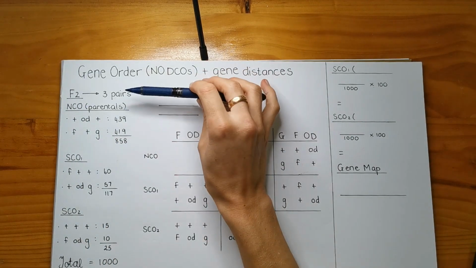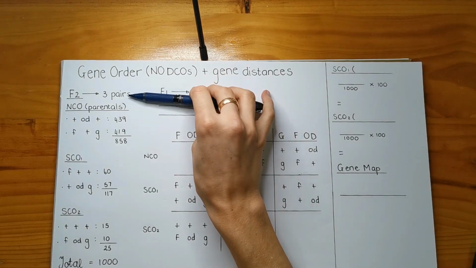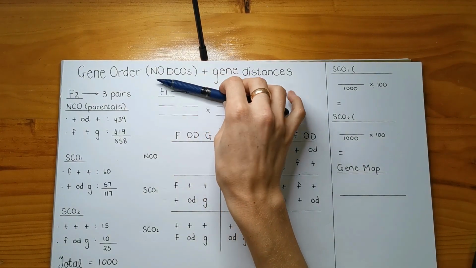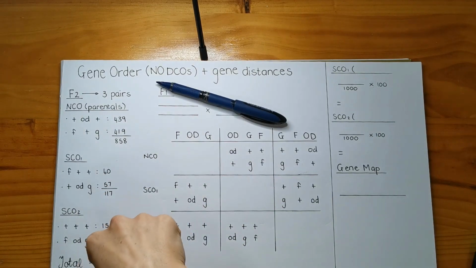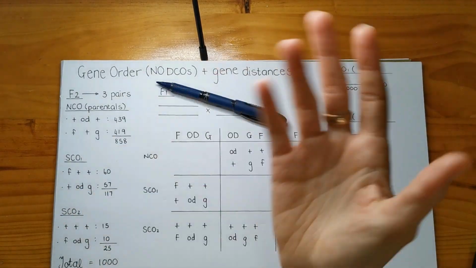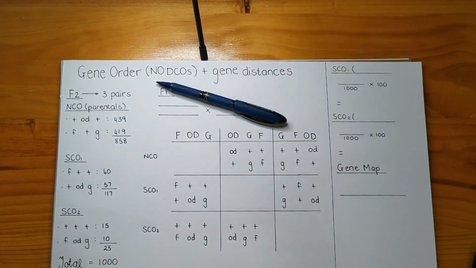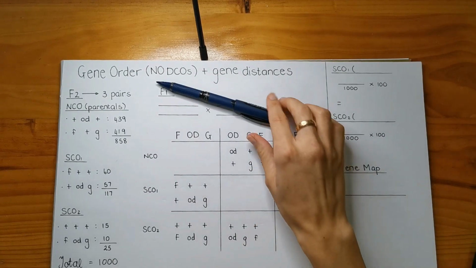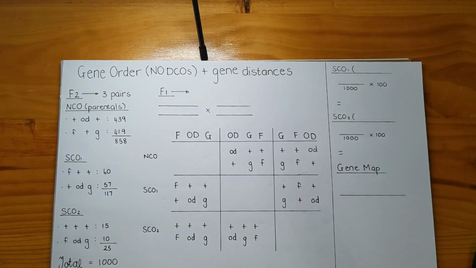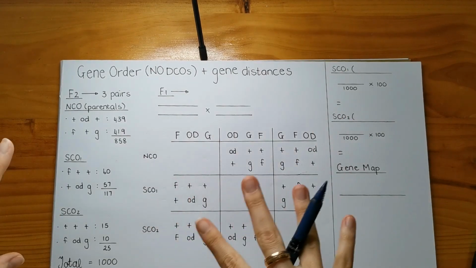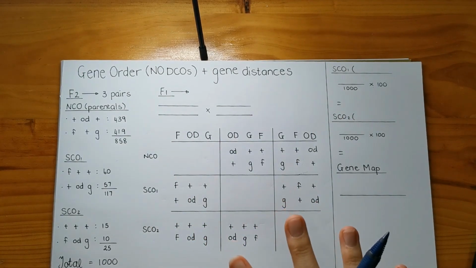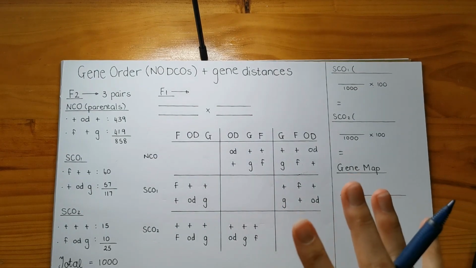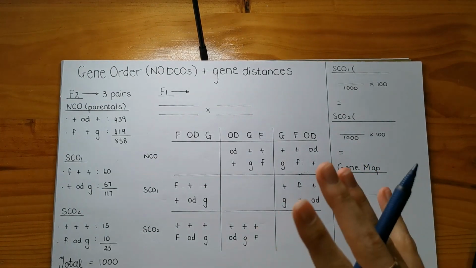Also, I've written over here that there are three pairs of F2, so 1, 2, and 3. Three pairs, obviously 6 individuals, I should say. That shows you that there are no double crossovers involved in this question. If there were 4 pairs, then you would say double crossovers are present.